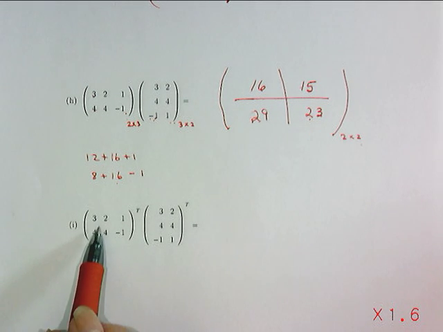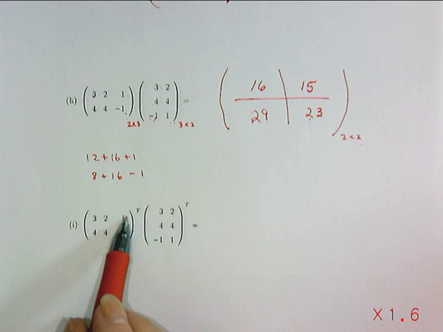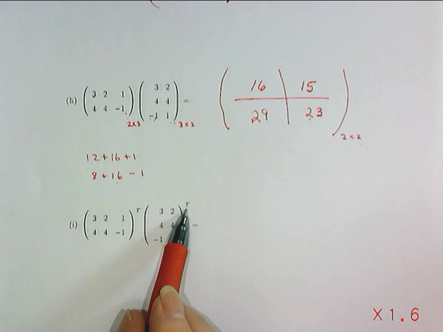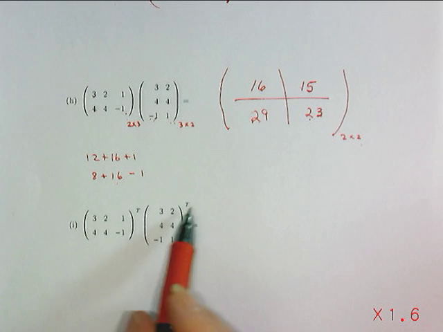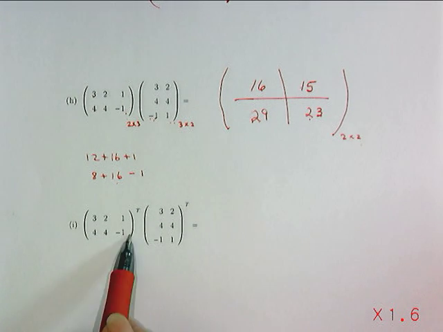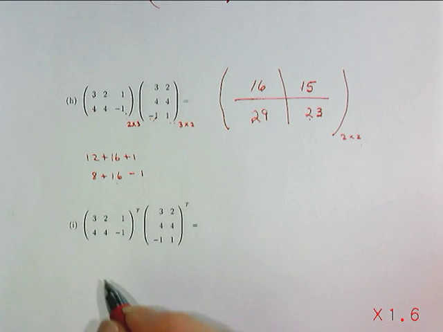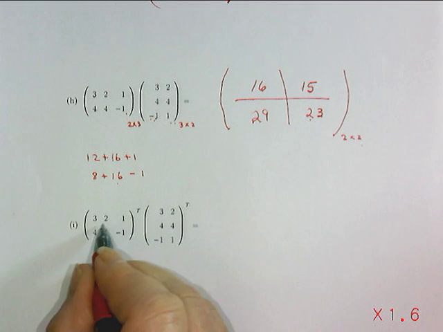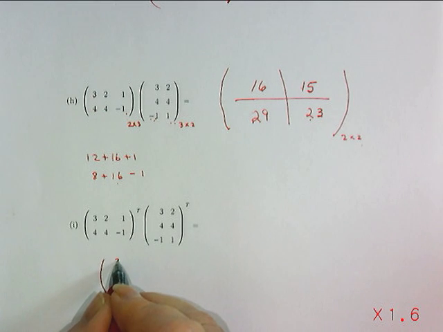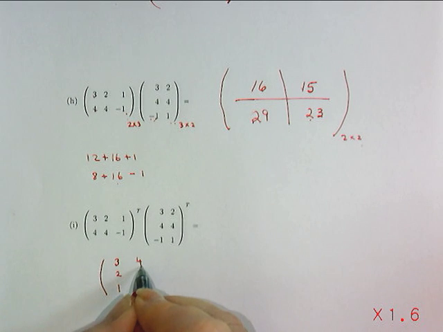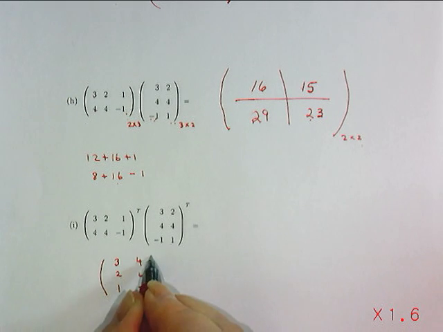Now I want to take this matrix transpose by this matrix transpose. I wonder if it's this matrix transpose. Well, let's think about it. What is this matrix transpose? It's going to have a first column of 3, 2, 1, and second column 4, 4, -1.